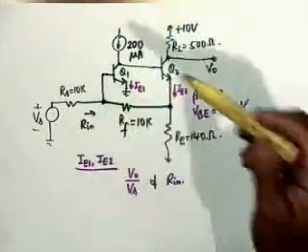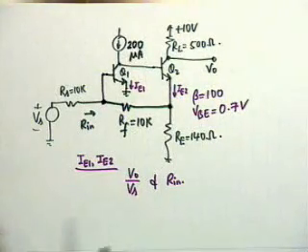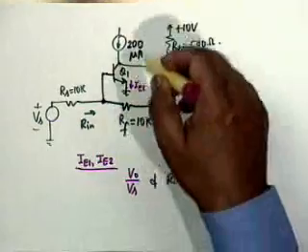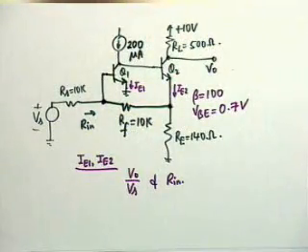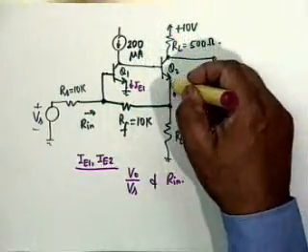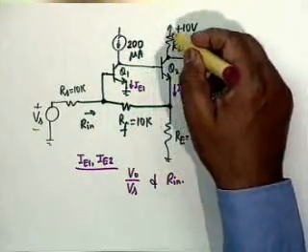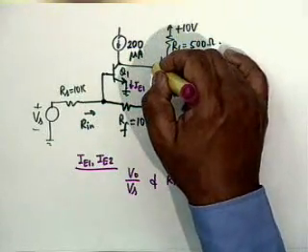This current, you ignore the base currents. No, you cannot ignore the base currents now, because this base current would be comparable to 200 microampere. You cannot ignore. So what you do is, this current IE2 is obviously IC1 plus IC1 by beta.